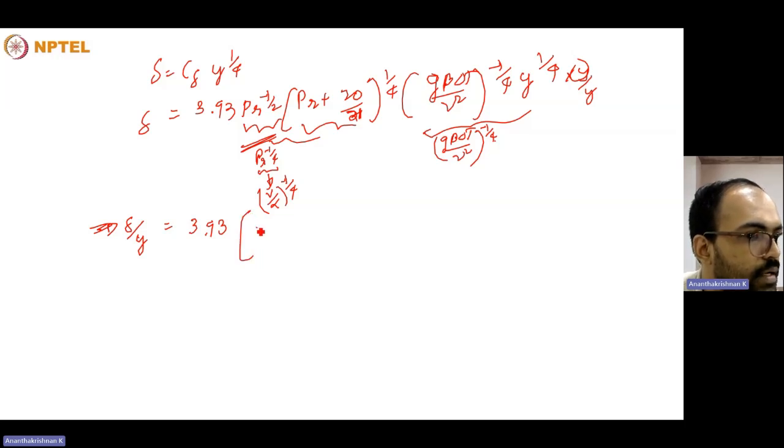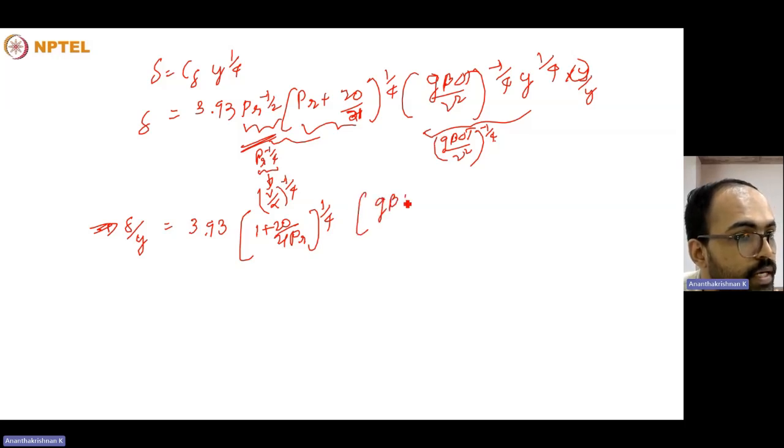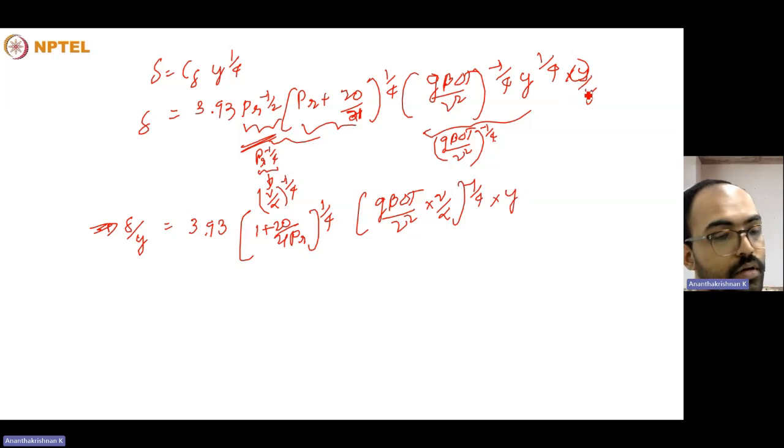And that extra term will be 20 by 21 Prandtl number raised to 1 by 4. This will be nu by alpha raised to minus 1 by 4. So it will be g beta delta T divided by nu squared into nu by alpha raised to minus 1 by 4. So it will be y raised to 1 by 4 minus minus 1, so it will be minus of 3 by 4.